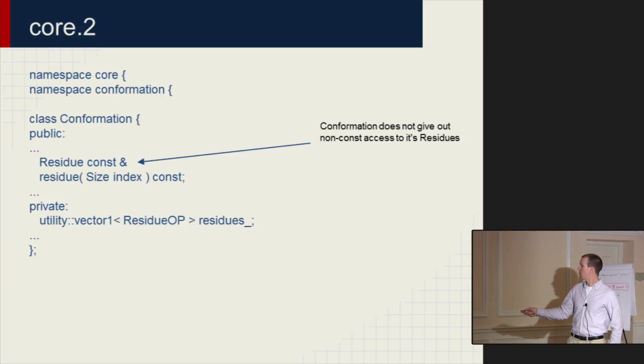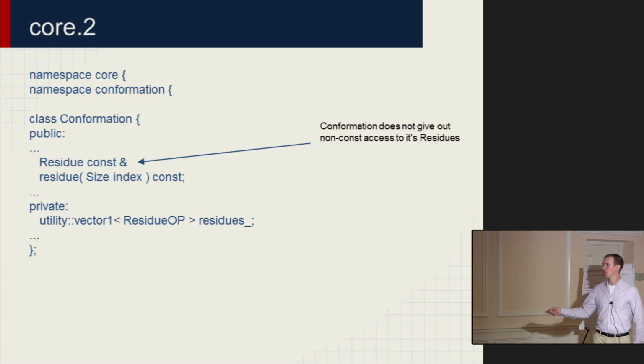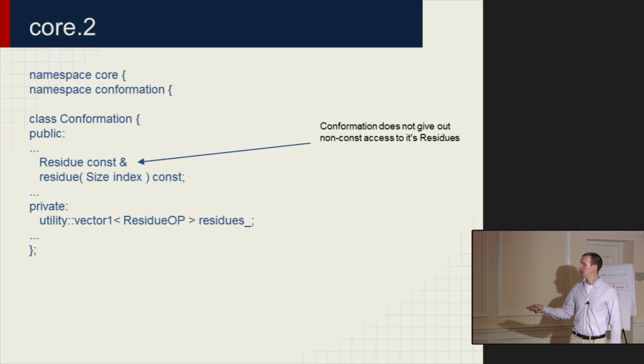It provides read-only access to its residues. So you can ask a conformation for residue 5, but it will give you a constant reference to that residue. And you cannot change this residue directly because it's constant. The compiler won't let you.